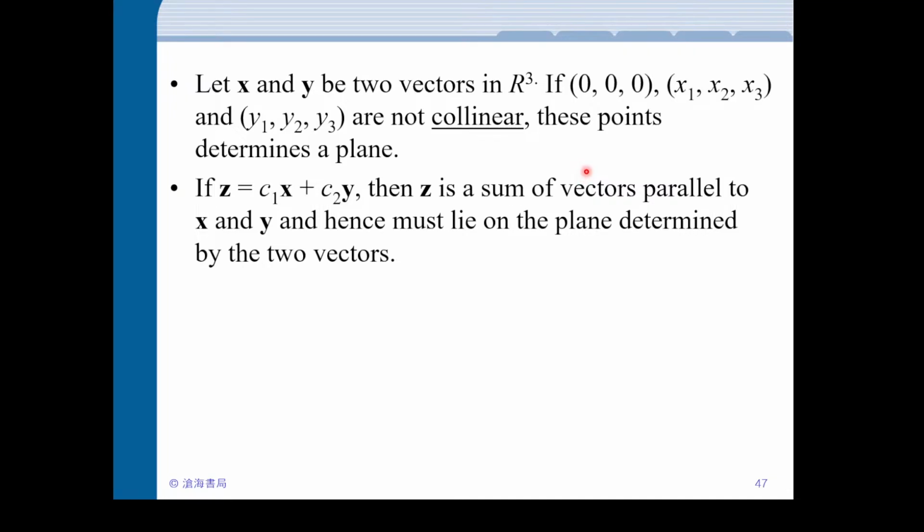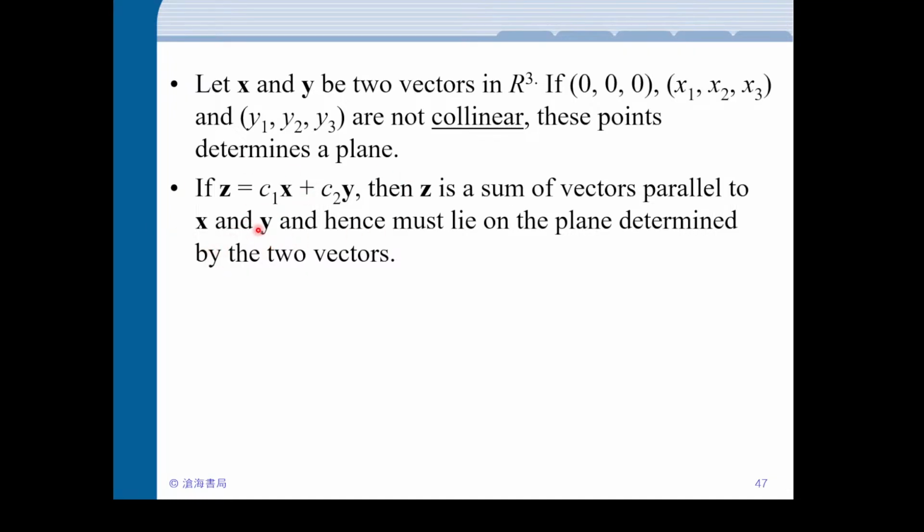If x and y are not collinear, then the three points, the origin 0, 0, 0, the point of x, x1, x2, x3, and the point of y, y1, y2, y3, are not on the same line, and with 3 points you can define a plane. So the plane determined by x and y, the plane defined by those 3 points, will be exactly the span of x and y.